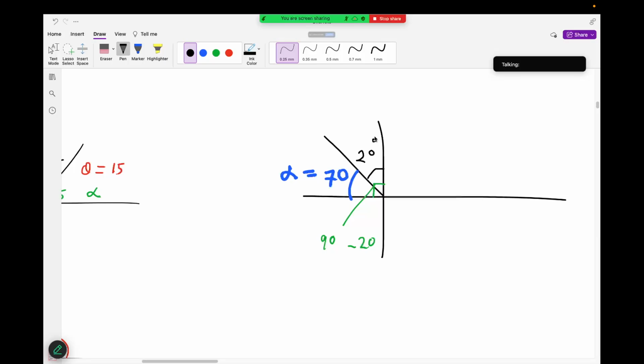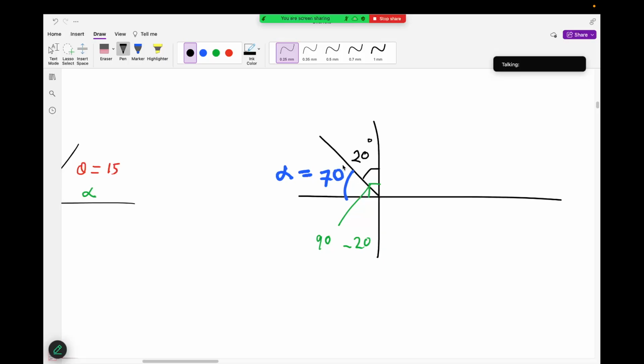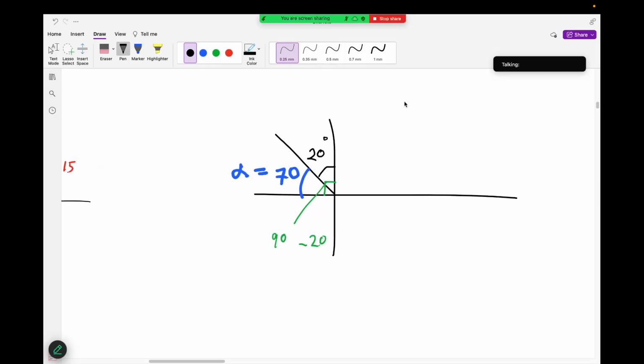Oh my god, no way, that is a 0. 2 degrees. Theta is 90 plus 20, so that's 110.